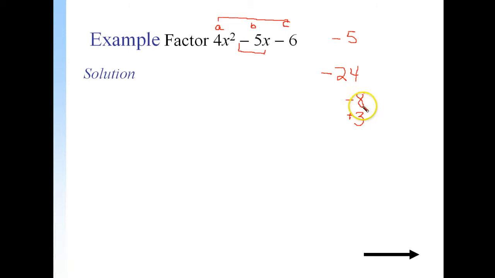Okay? Now, we are going to rewrite this expression, but instead of using 3 terms, we're going to write a 4-term expression, putting this -5 in terms of this. So watch what I do.